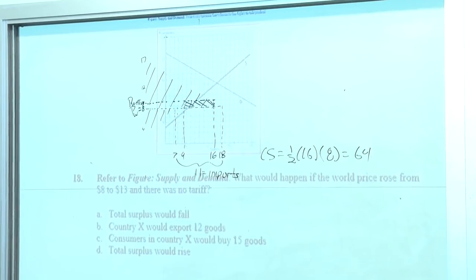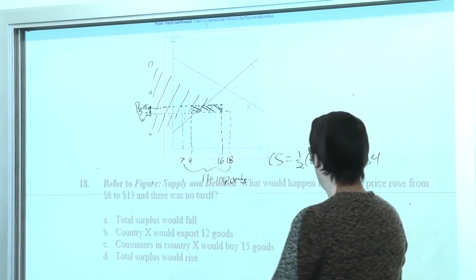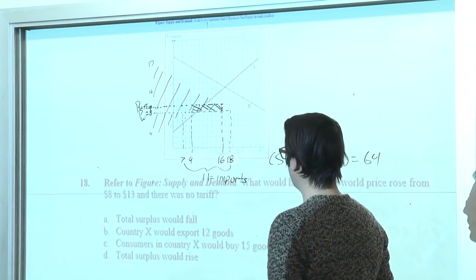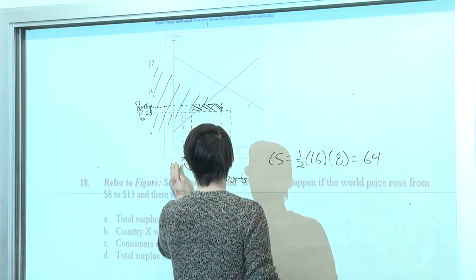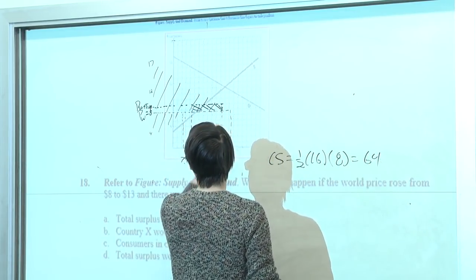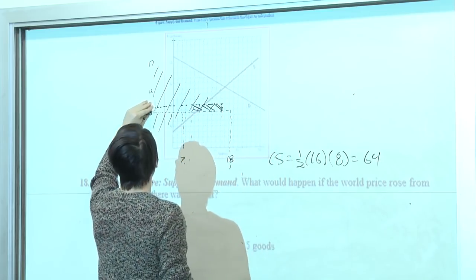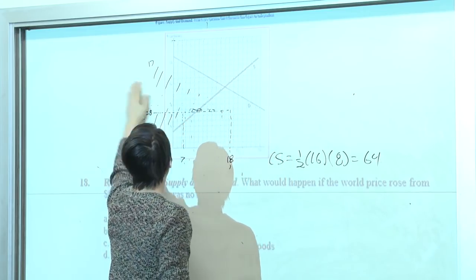Question 18. What would happen if the world price rose from $8 to $13 and there was no tariff? All right, so I'm going to erase all this.